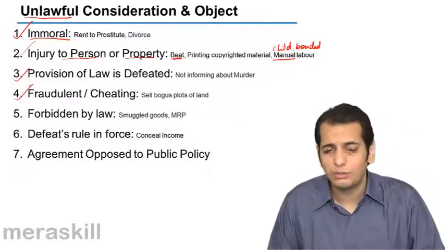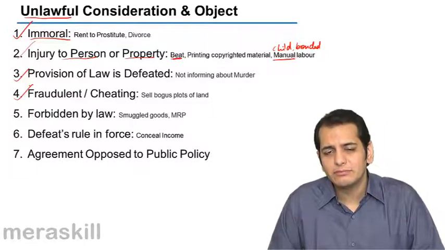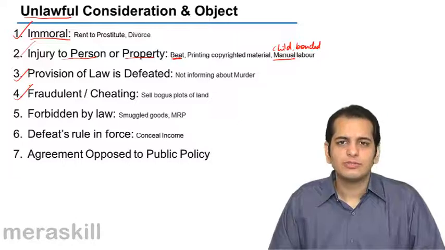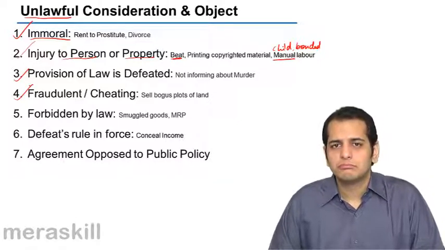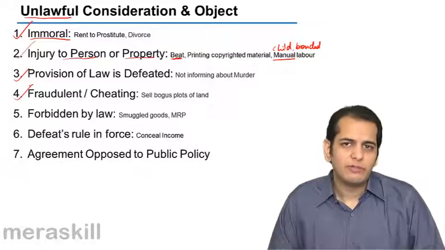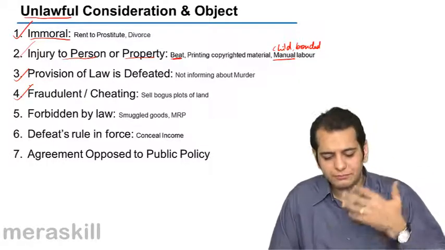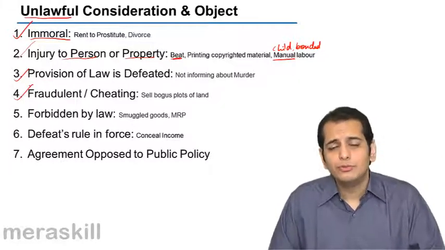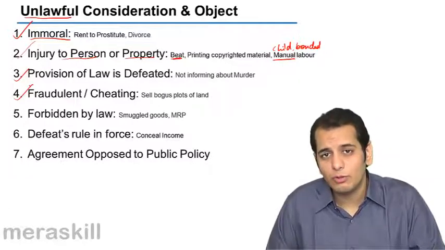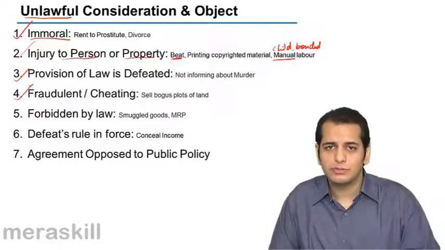This is pretty much easy to understand. If you cheat, if you defraud somebody, that is unlawful. You cannot cheat anybody. You cannot do any fraud with anybody. Let's say you own a plot of land and you sell the same plot of land to 5 persons.